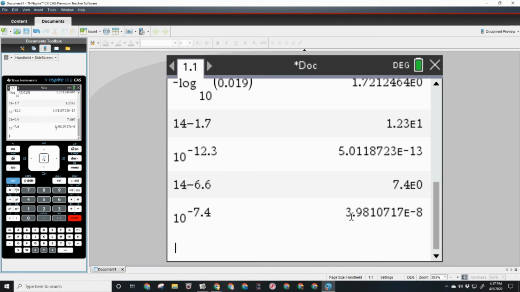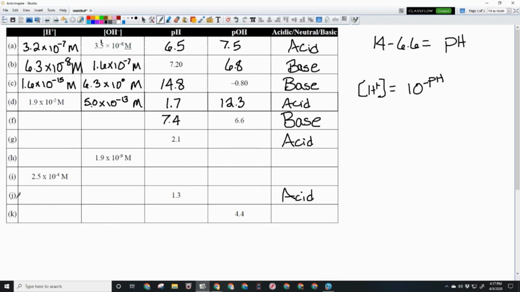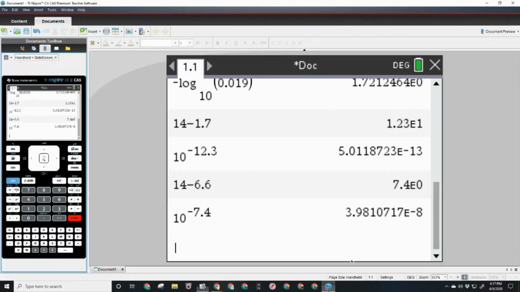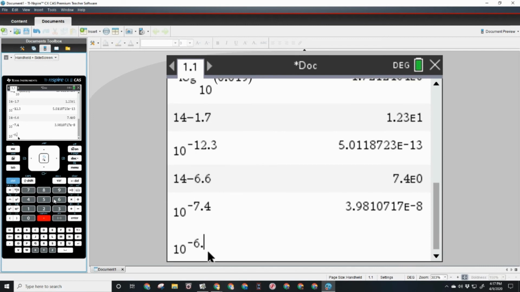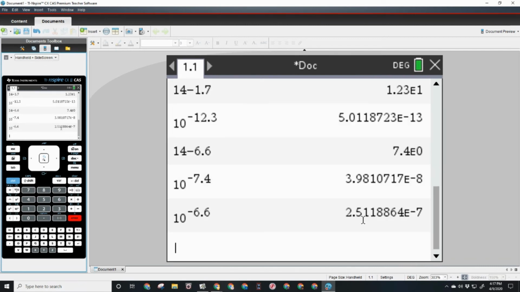That's going to be 3.98. We're doing one decimal place, so this is going to be 4.0 times 10 to the negative 8. And then our next one is 6.6. So 10 to the negative 6.6. That's going to be 2.5 times 10 to the negative 7.